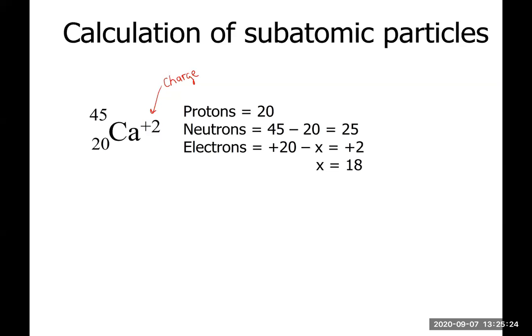So when we look at this ion, we don't have the same number of electrons as protons because we have a positive charge. That positive charge means that we have given up or lost electrons. Now let's evaluate the structure a little more closely. This 20 represents the atomic number, which equals the number of protons.